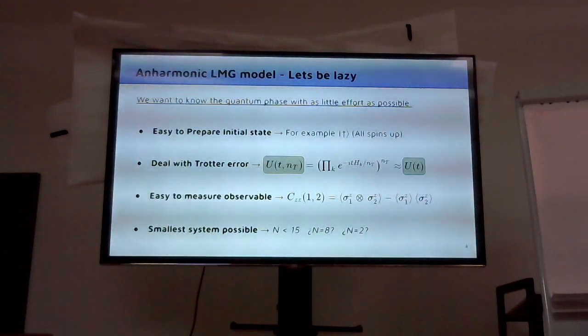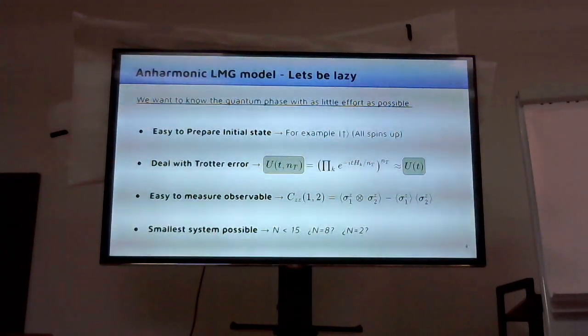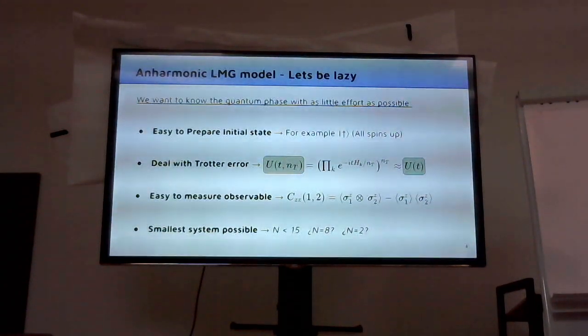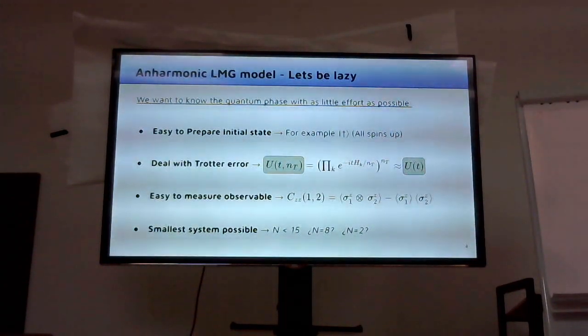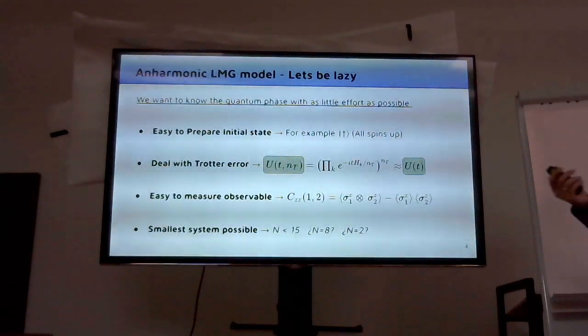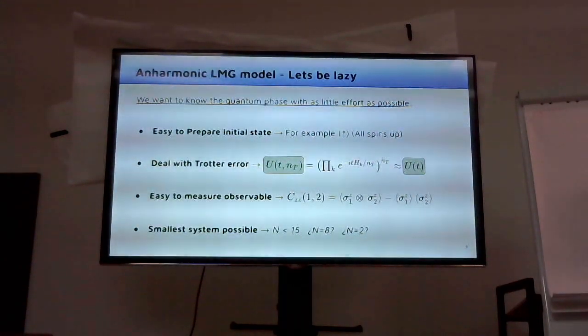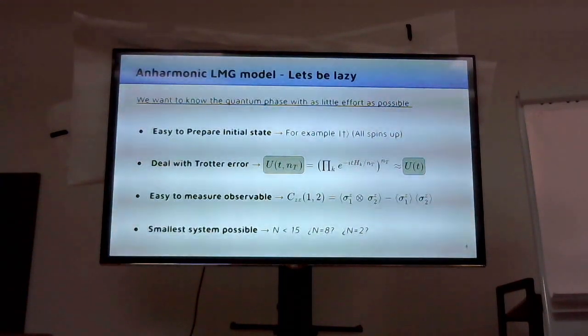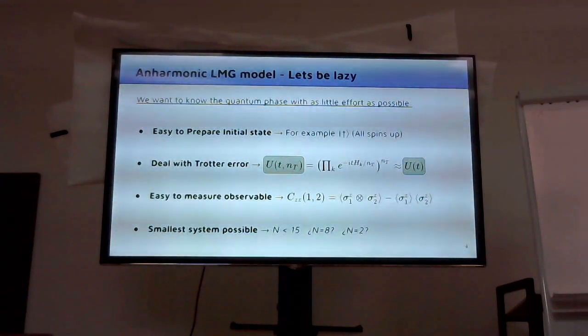I understand this point. My question is then, you can take t as small as you want, because it doesn't play any role in the phase transition. No, it doesn't play a role in the phase transition. It helps you reduce the Trotter errors, because you can make t very, very small.